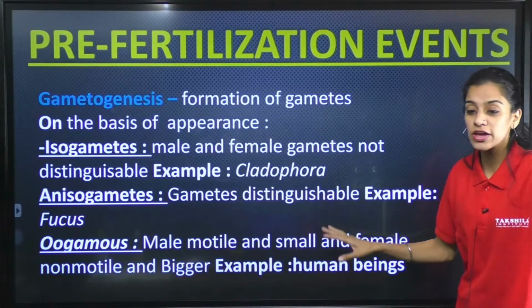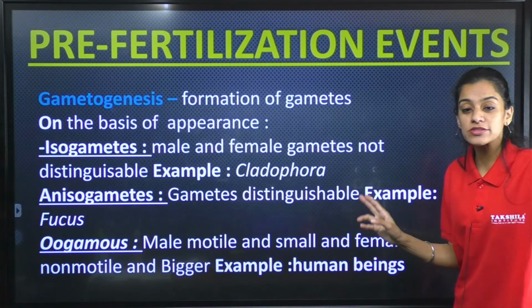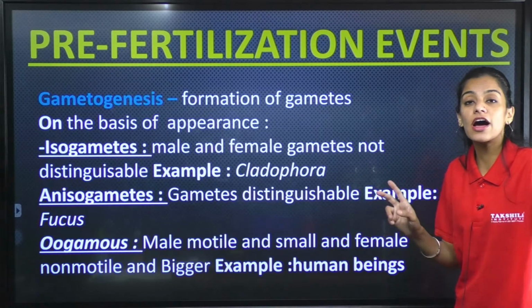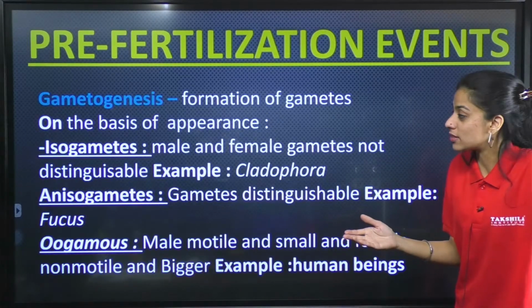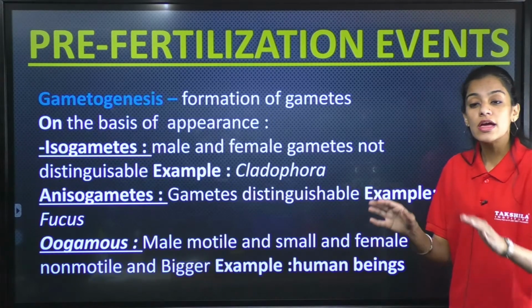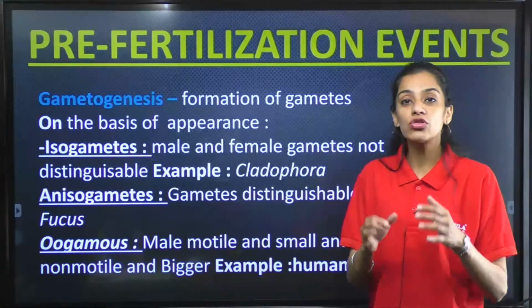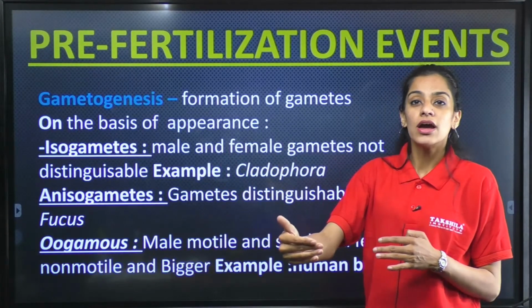So this should be very clear. So isogametes means where the gametes from the two parents are morphologically indistinct, we cannot differentiate between them. Anisogametes is the one where the gametes are distinguishable and we are able to recognize that this would be from one parent and this would be from the other parent.